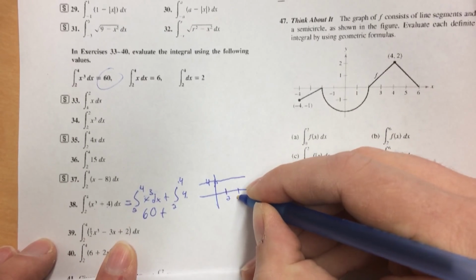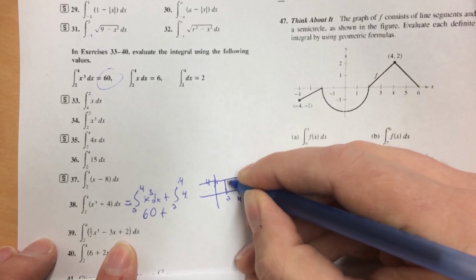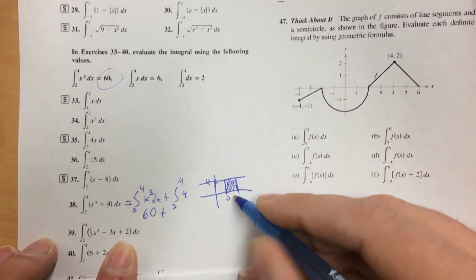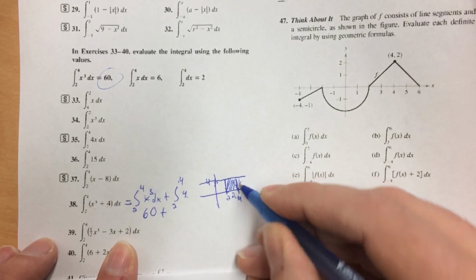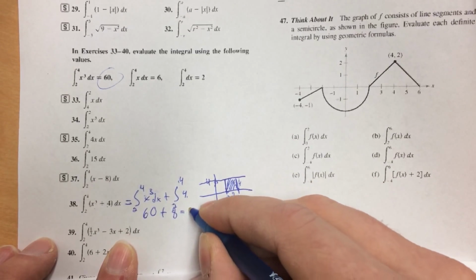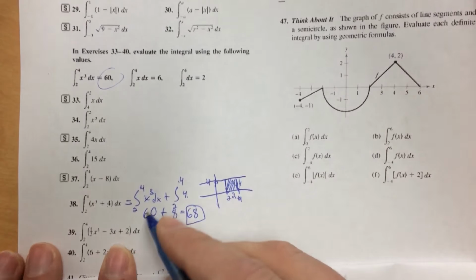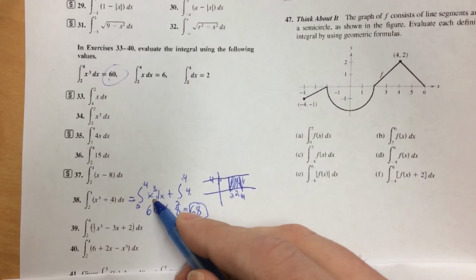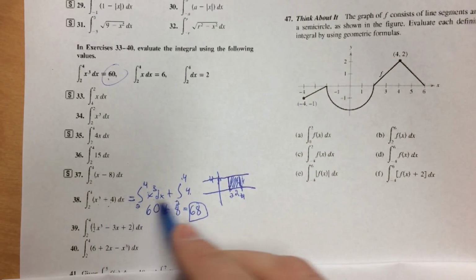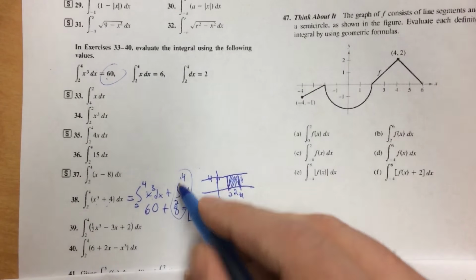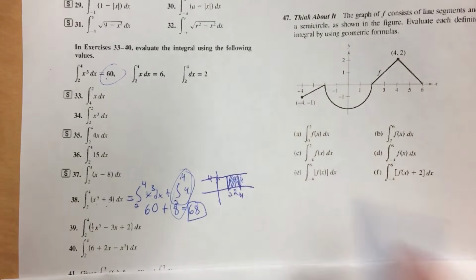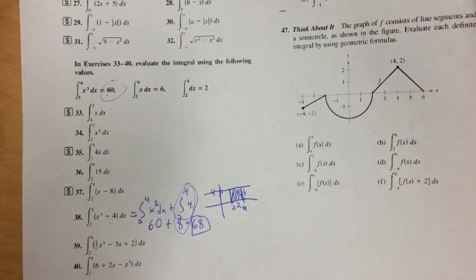Here's 2, here's 4. And so we've got this area with a base of 2 and a height of 4. That's 8. And so the integral is 68. Here we had to mix the integral they gave us plus an integral of a geometric interpretation one like you did in the first section.